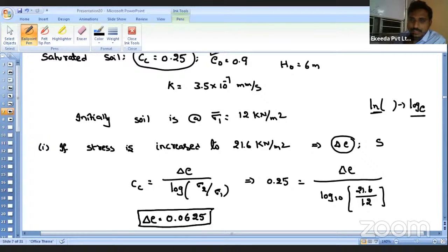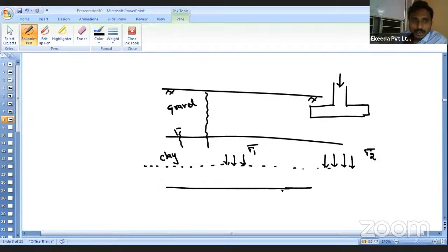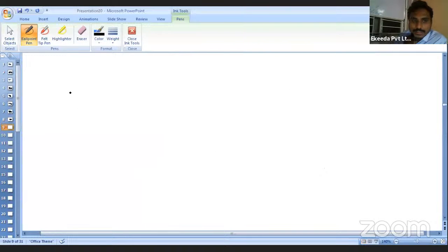So this is also a direct formula based on the equation, but the important thing is how we will find out the settlement. Again, just recall the equation with respect to the compression index: H naught into Cc divided by 1 plus e naught, into log 10 of sigma 2 bar divided by sigma 1 bar.